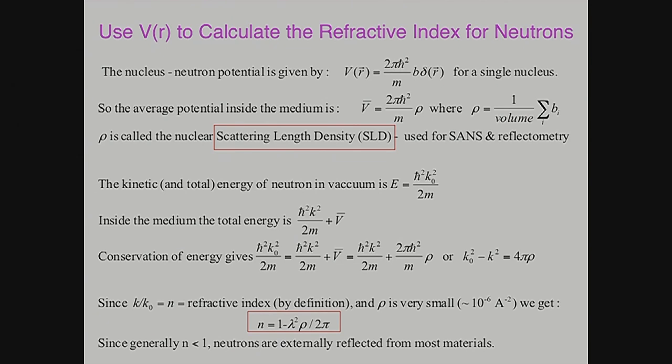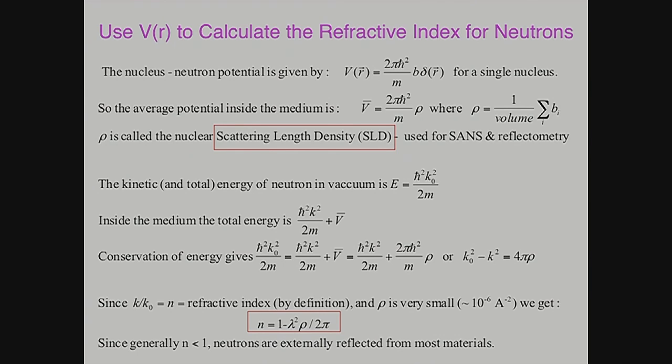In other words, if you do SANS from a polymer molecule, you don't see the positions of the individual atoms inside the molecule because you're measuring with a scattering wavelength which is too big. So you just see an average of the distribution in the polymer, and that's specified by this scattering length density. So in terms of the scattering length density now, we can take this average potential and plug it into this formula for the total energy of the neutron inside the material, and that has to be equal to the total energy that it had when it came into the material.